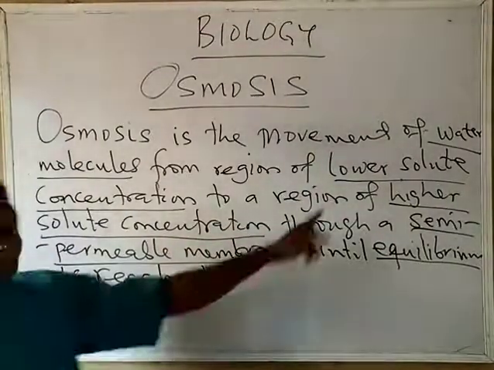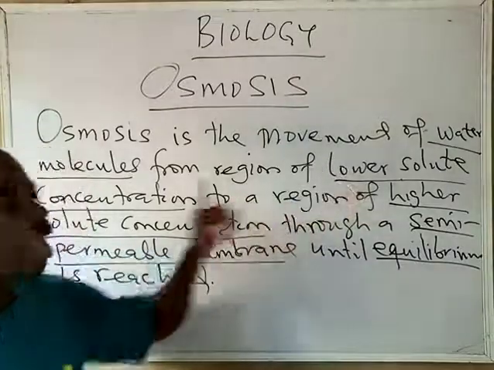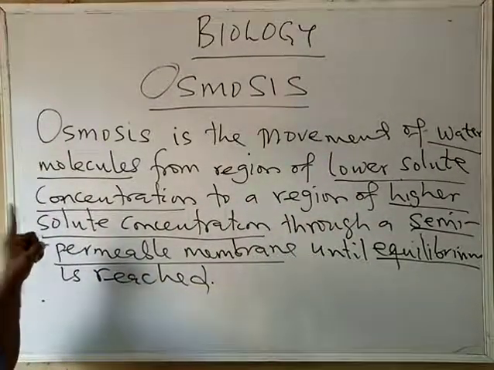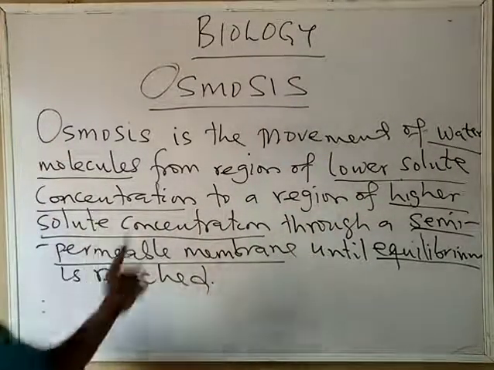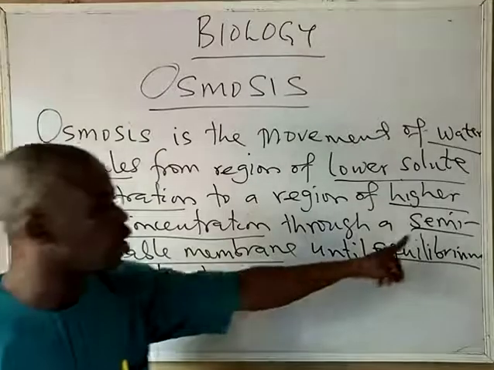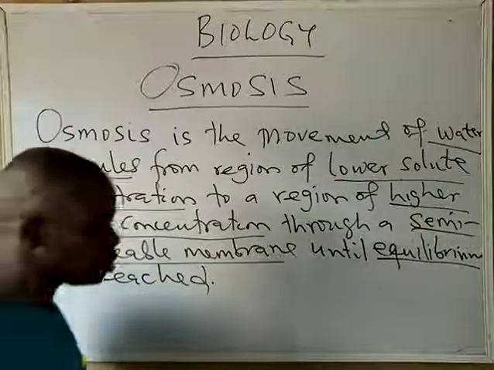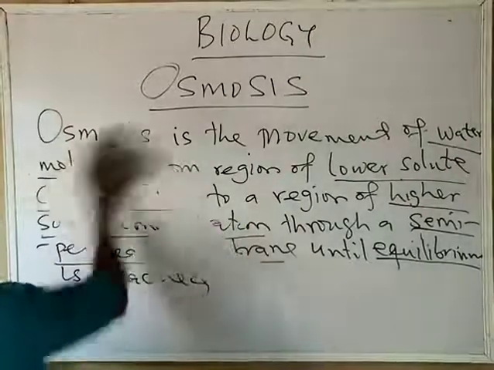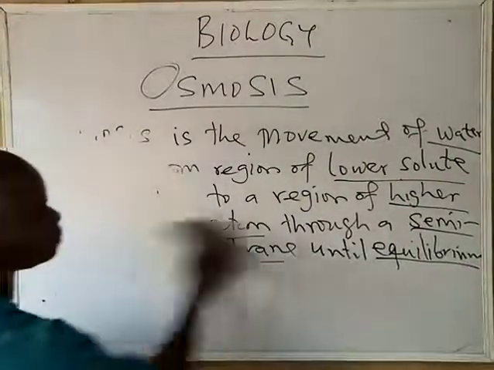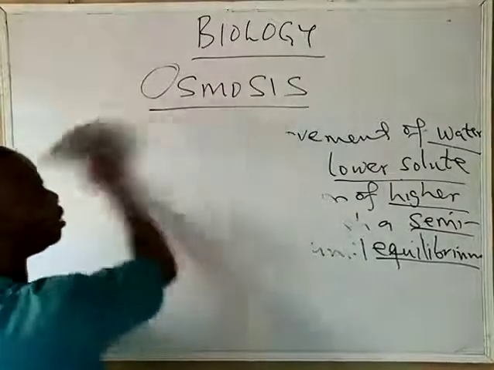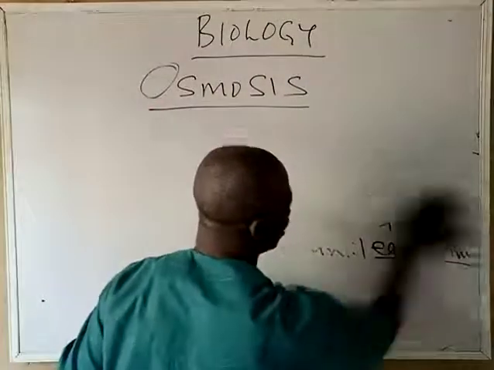So we are going to give meaning to lower solute concentration and give meaning to higher solute concentration. I will tell you the meaning of semi-permeable membrane and when equilibrium is reached. So let's make an illustration that will grant us better understanding.